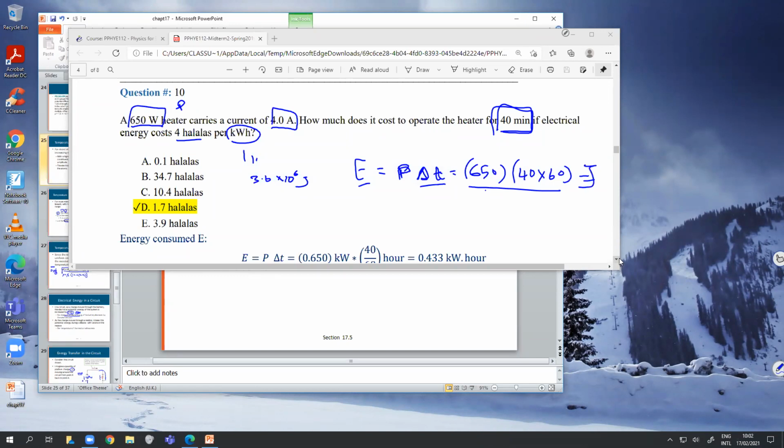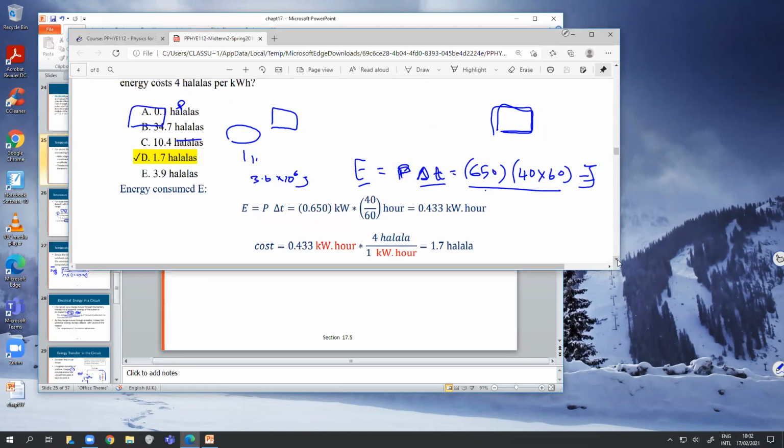Let me follow the solution now. You need enough information about the concept. Okay, good that I looked at the solution. Now I don't want to get the energy in joule. I like to get the energy in kilowatt hour. You know why, right? Because the price is given in kilowatt hour, and the question is to find how much I should pay. The rate is given as 4 halalas per kilowatt hour.